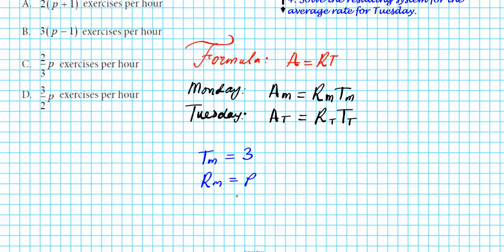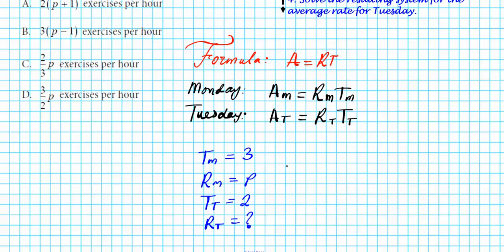Now let's go to Tuesday. What was her time? How long did it take her to do the same number of exercises on Tuesday? The time for Tuesday was 2 hours. Okay, and her rate, how fast was she working on Tuesday? Now this is what we're asked to find in terms of P. So we're going to put a question mark there as what we're going to be looking for.